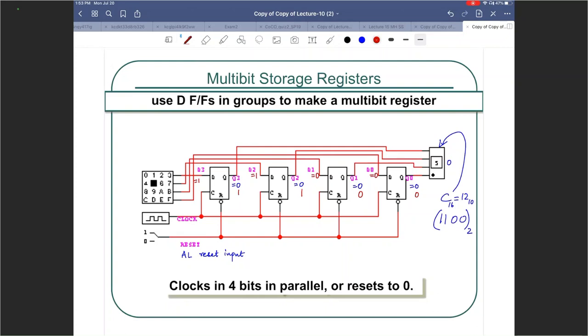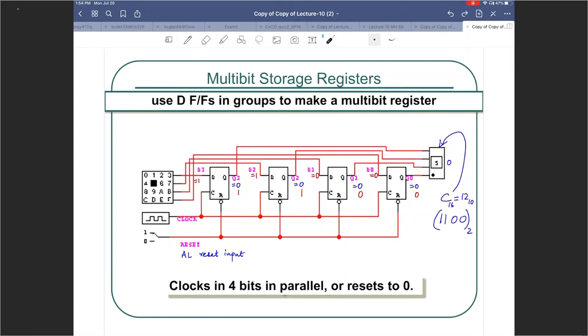Then I also need my reset to be inactive, right? It needs to be at 1. After that, it only is waiting for the clock. So the moment now you have an edge on the clock, positive edge, negative edge, whichever edge triggered that flip-flop is, after you have that active edge on the clock input, Q3 will become D3, Q2 will become D2, Q1 will become D1, and Q0 will become D0.